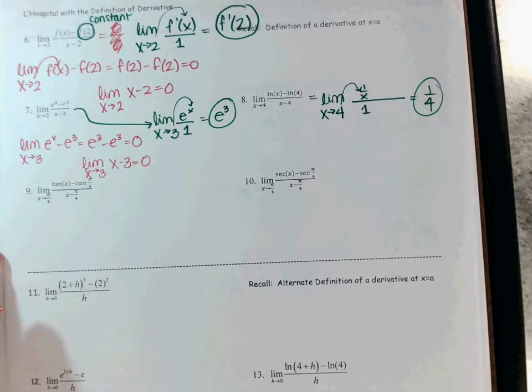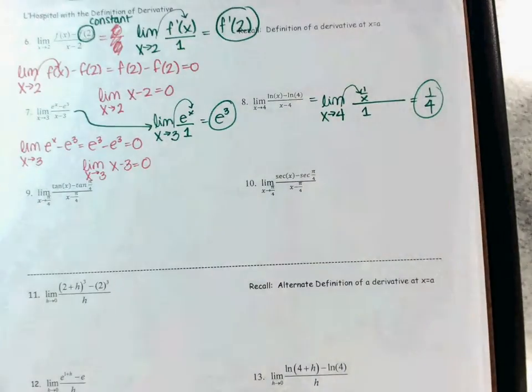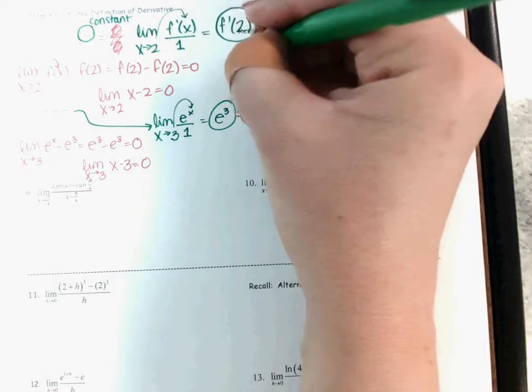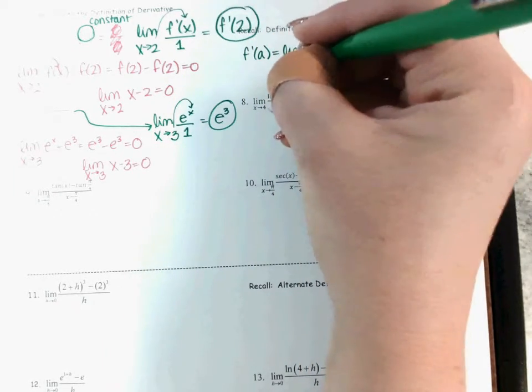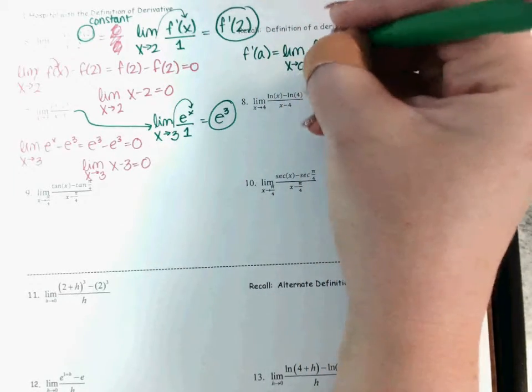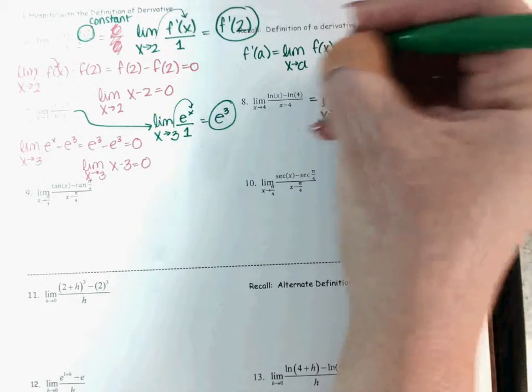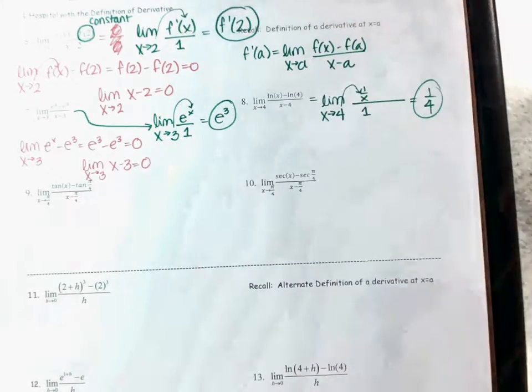Okay, now I want to bring you back to something that you learned way at the beginning when we learned the definition of a derivative. Okay, f prime of a is the limit as x approaches a of f of x minus f of a over x minus a.